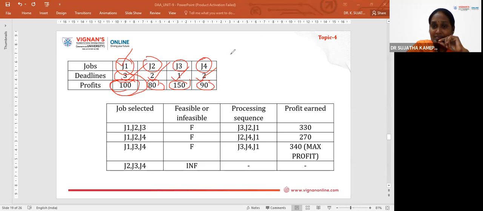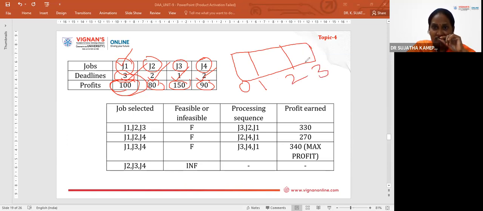So the maximum deadline we need to consider as the maximum working time. Here he can wait up to 3 hours; that is the maximum time he can wait. Now person 2 wants to pay an amount of 80 rupees, but he can wait only for 2 hours.